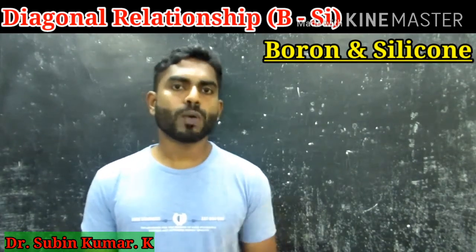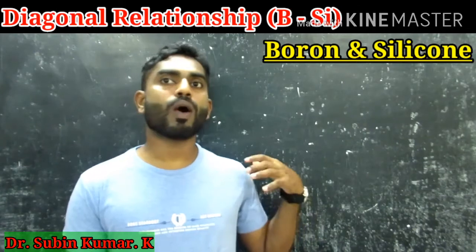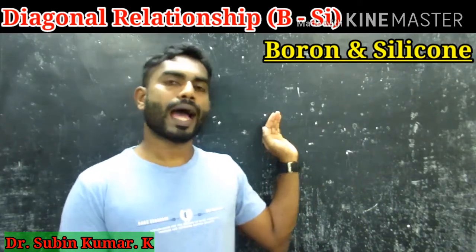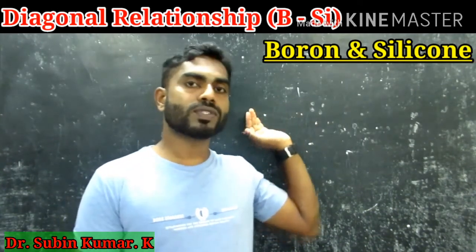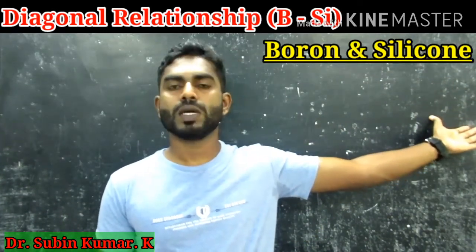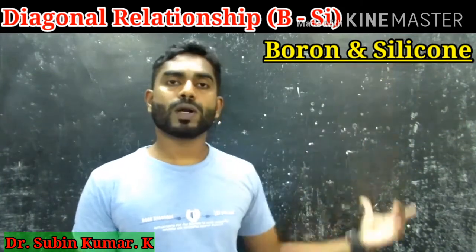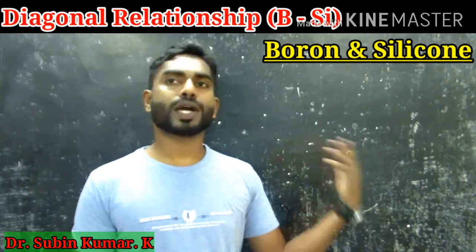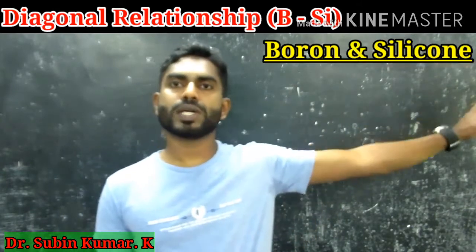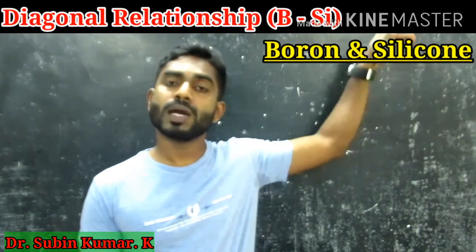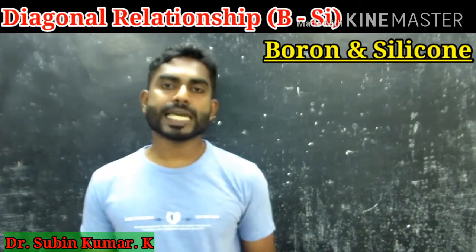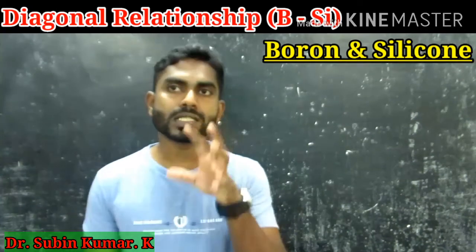We know that the atomic and ionic size decreases along a period, from left to right, and increases down a group, from top to bottom. That is why the electronegativity increases from left to right along a period and decreases down the group.